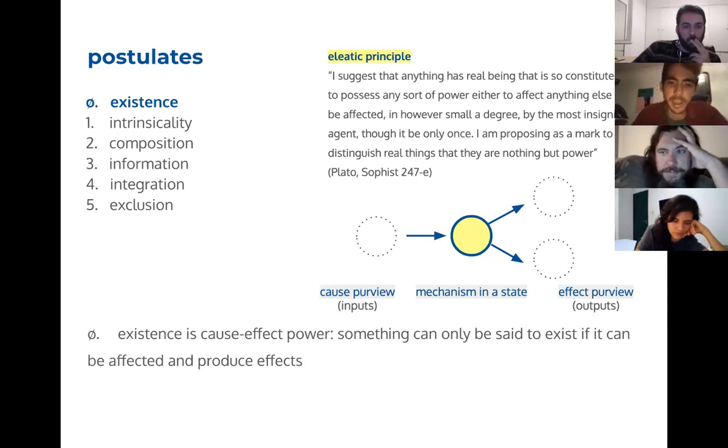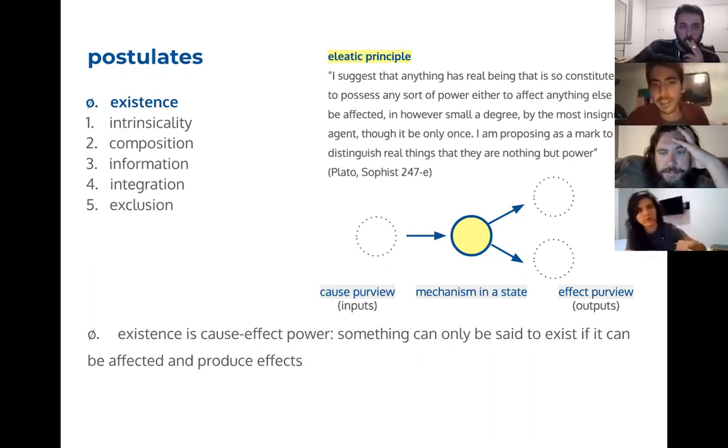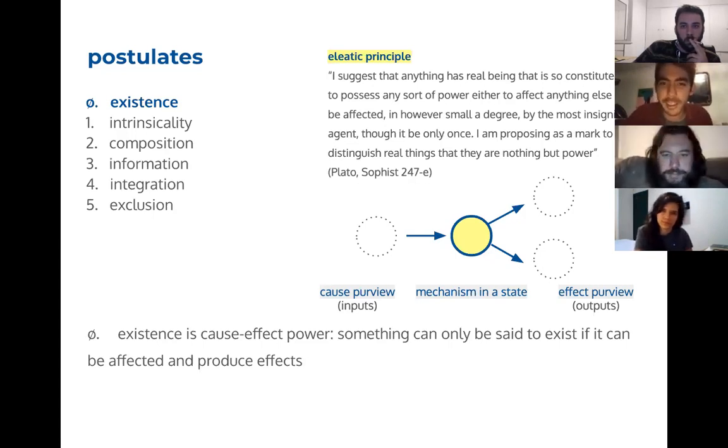It will equate physical existence with cause-effect power, and it will follow the Eleatic principle, which comes from Plato. The Eleatic Stranger says: I'm proposing as a mark to distinguish real things that they are nothing but power. So there's no sense in saying that something exists if it cannot affect and be affected.